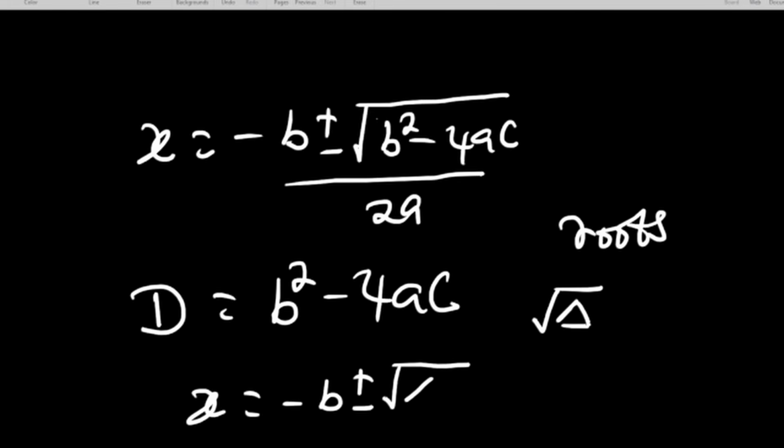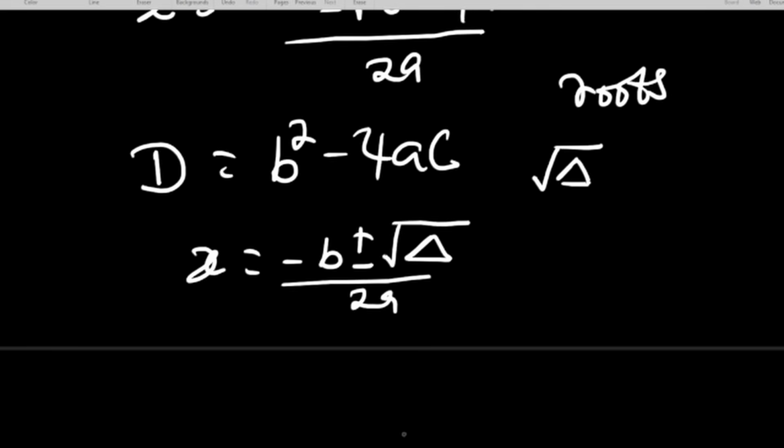You only see a little triangle here. And this is over 2a. So this also talks about a discriminant. So in case you are writing an exam and you see this shape instead of this, please know that they are also referring to the discriminant.